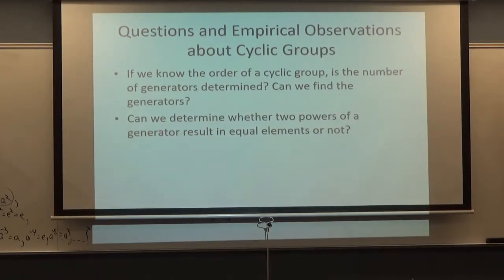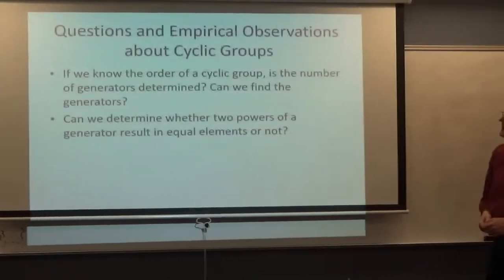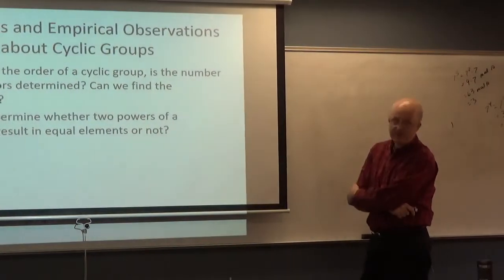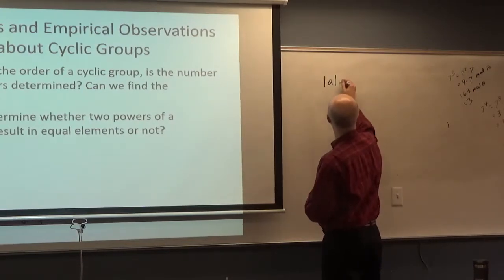We could consider other examples. We will on Friday. Can we determine whether 2 powers of a generator result in equal elements or not, in general? Our experience with an abstract group of order 4, cyclic group of order 4, seems to indicate that maybe we can. Let's try a cyclic group of order 5.